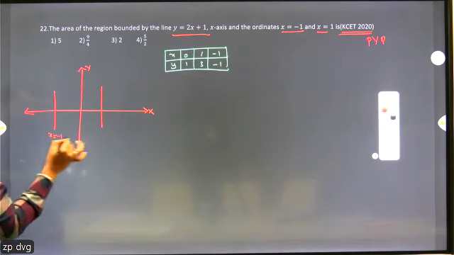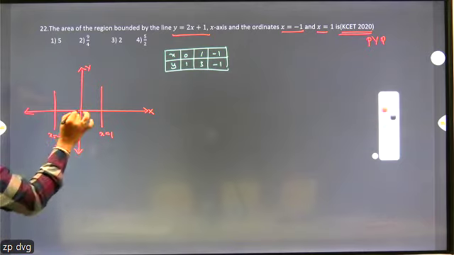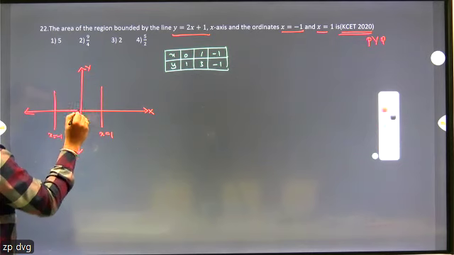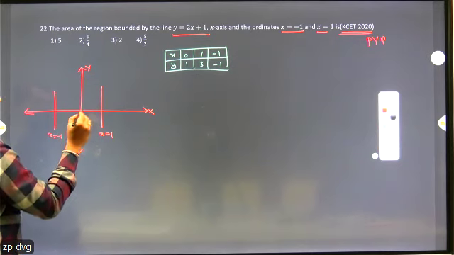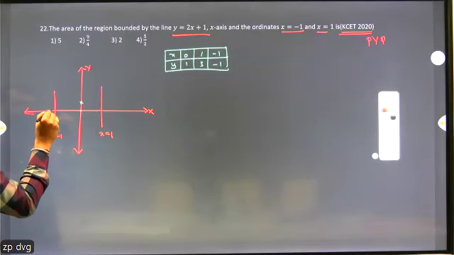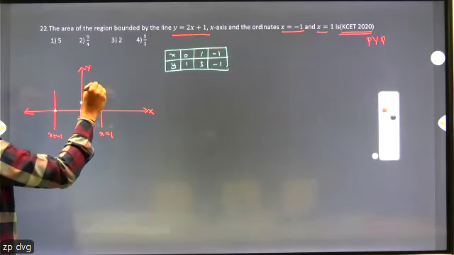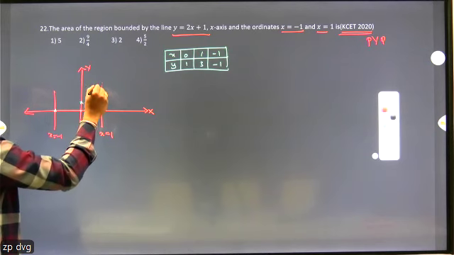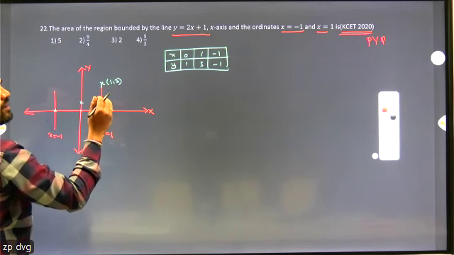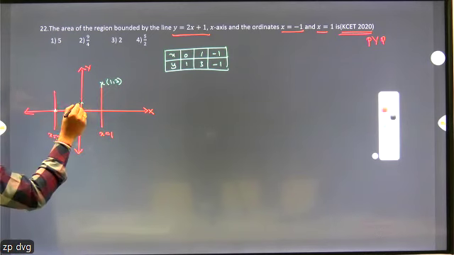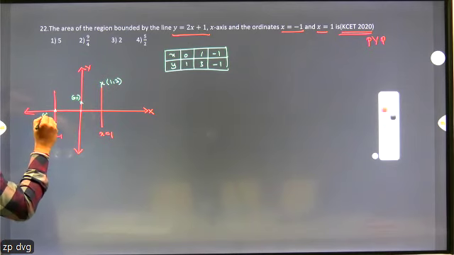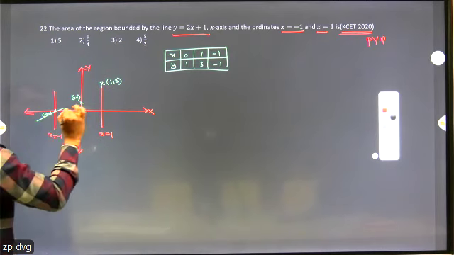X equal to -1, x equal to 1. Okay na? Here what is it? 0, 1. Here, -1, 1. Next, 1, 3. X is equal to 1, y is equal to 3. This one is 0, 1. This is -1, -1.